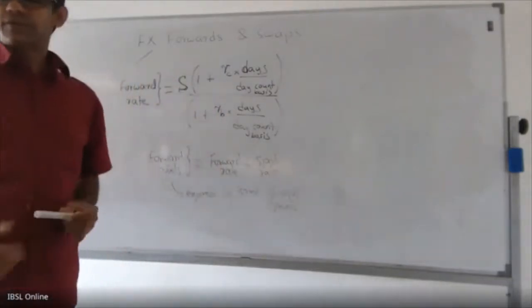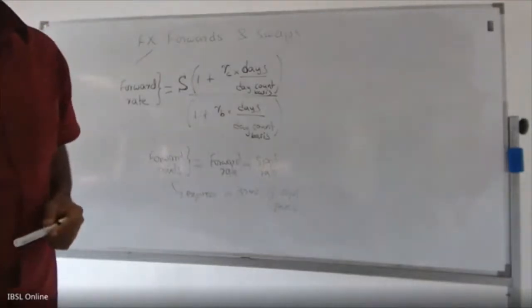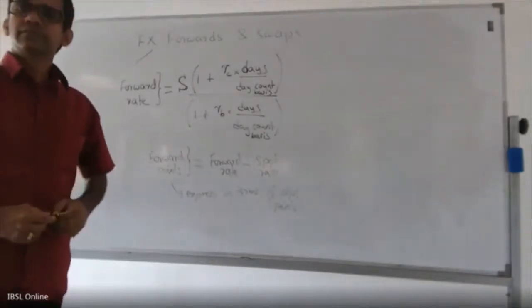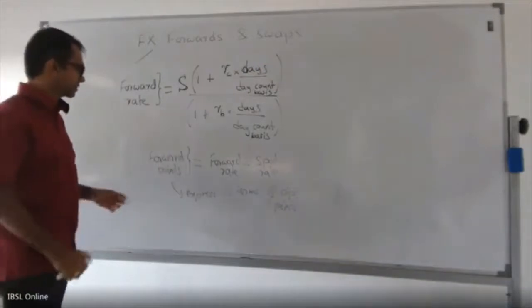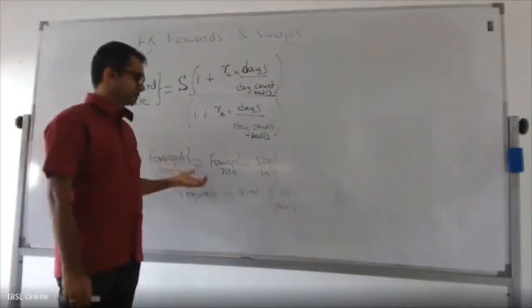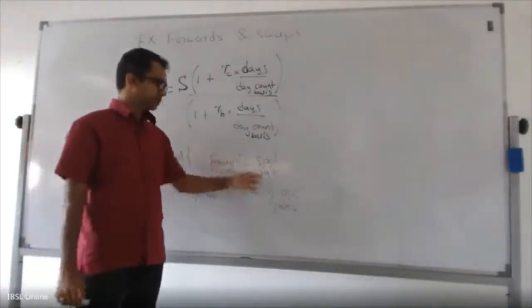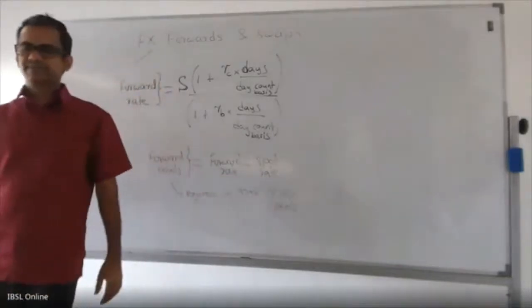How do you convert whatever the decimal figure is into pips or points? Multiply by 10,000 or 100.